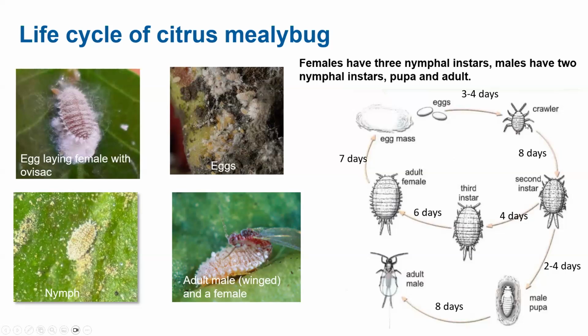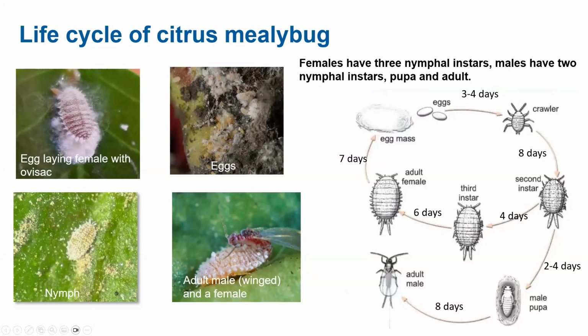They start feeding. After they start feeding, they start producing this mealy wax that gives them a dusted-with-flour appearance. The females go through molting and become second instar, continue to feed, go through molting, become a third instar, and stay third instar until they're mated.